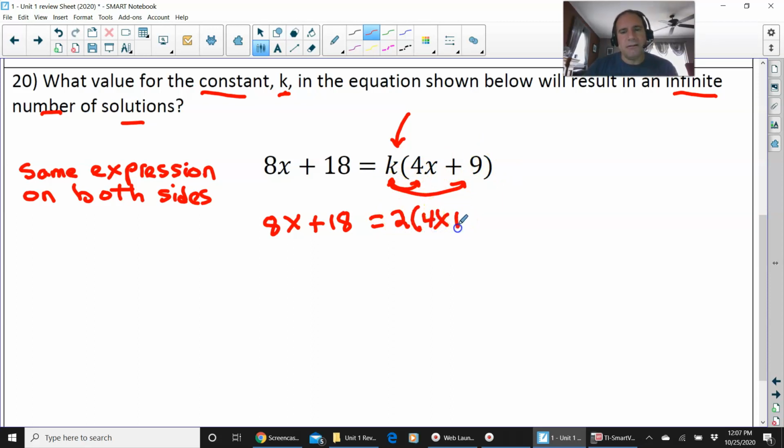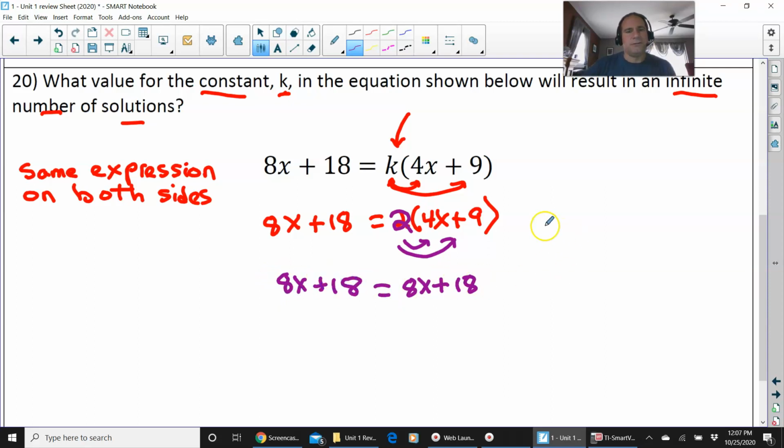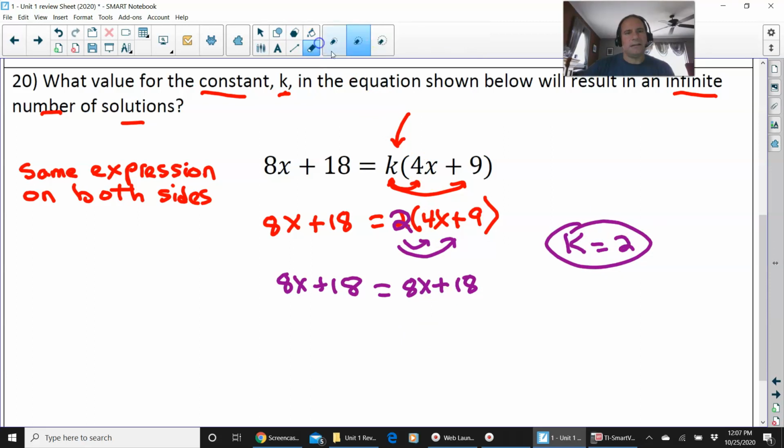Because if you put 2 in there, and let me just put 2 in a different color, you do distributive property, that becomes 8x plus 18. And that is what the question is asking you to do. So k has to equal 2. All right? And that is the answer to that. I'm just going to put a small k. All right, k equals 2.